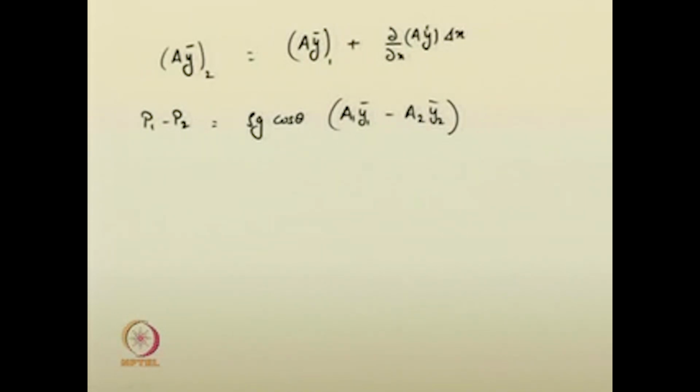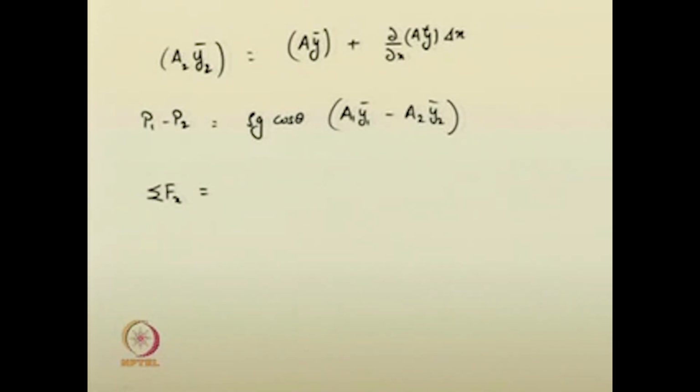So, this quantity now can be easily substituted, A2 y2 bar can be easily substituted here. So, I can write it like this now, A2 y2 bar is equal to A y bar plus dou by dou x of A y bar into del x.